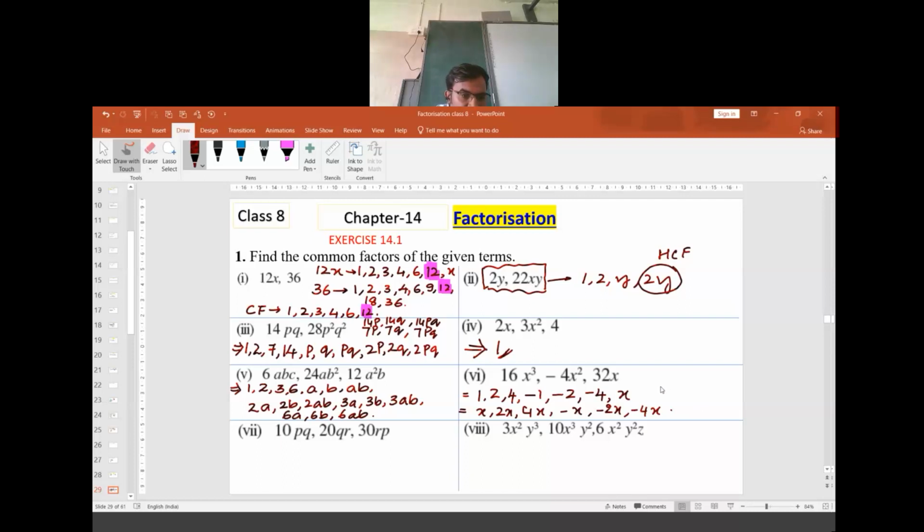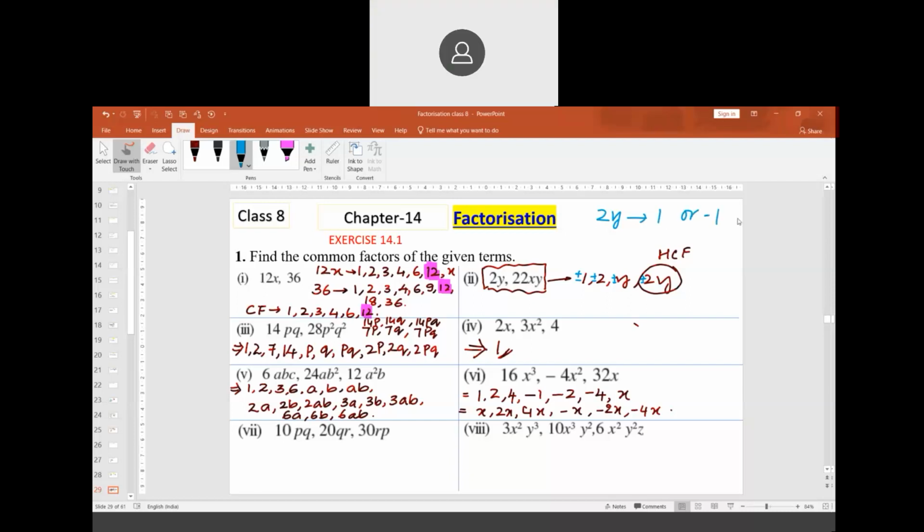Now I will ask you a question. Observe here. Can I write this as plus or minus 1, plus or minus 2, plus or minus y, plus or minus 2y? Yes, you can. When 2y is divisible by 1, it is also divisible by minus 1.